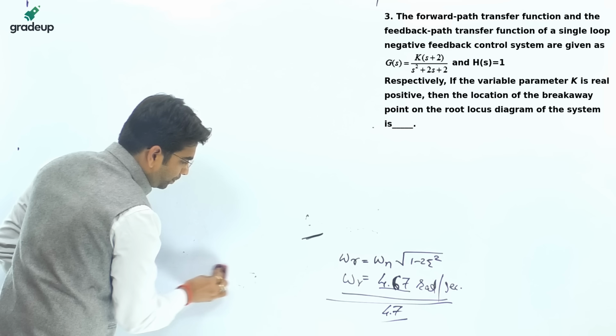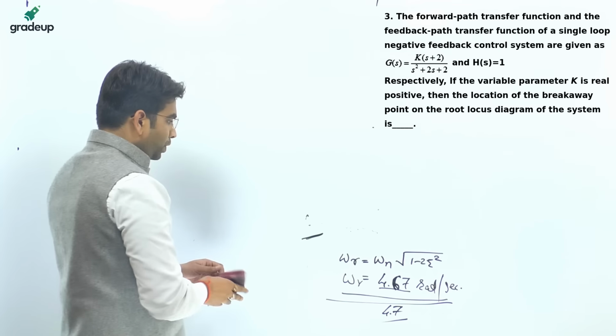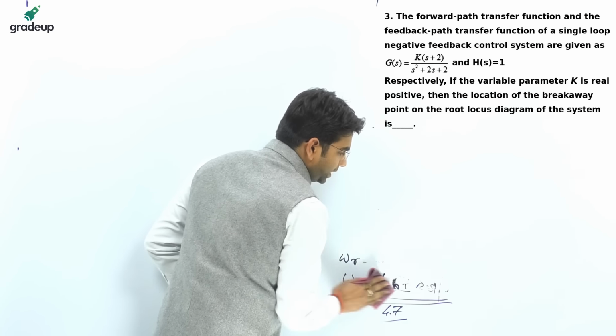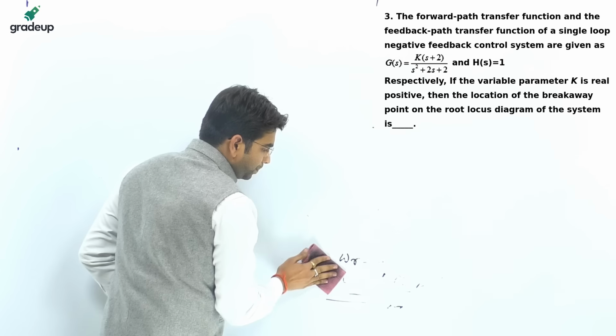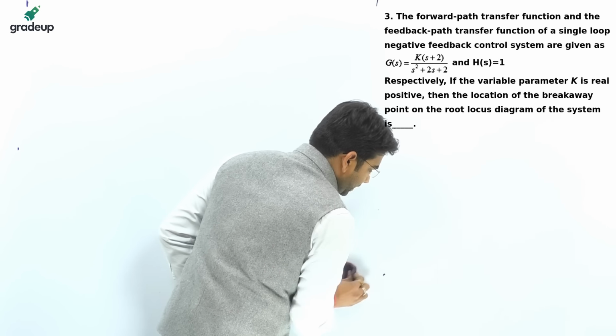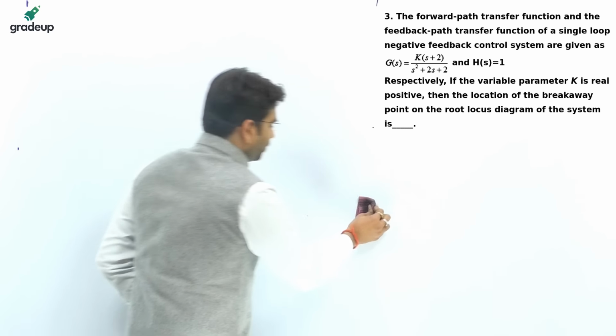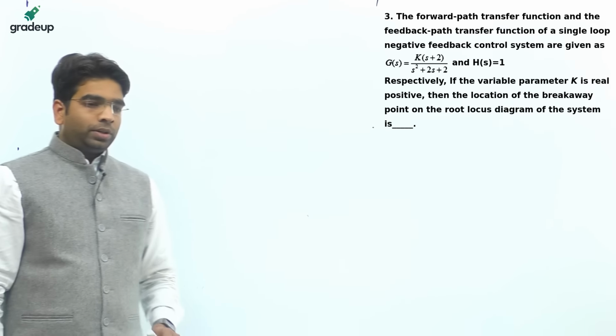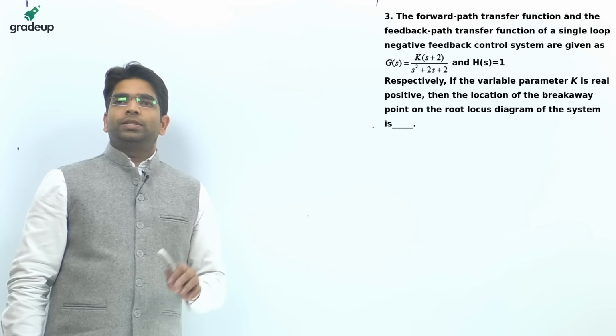And the root locus starts at k equal to 0 from the open loop poles and ends at k equal to infinity at the open loop zeros. So by these 2-3 points, you can easily manage if a question is asked whether a given root locus is correct, and you can answer from it.